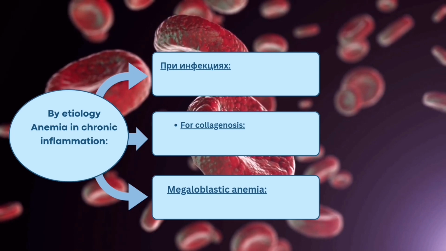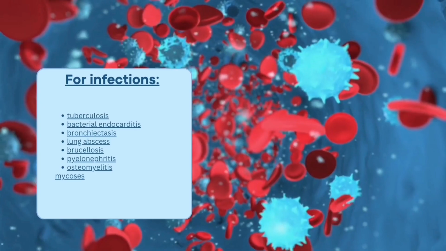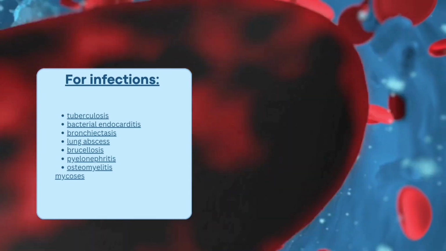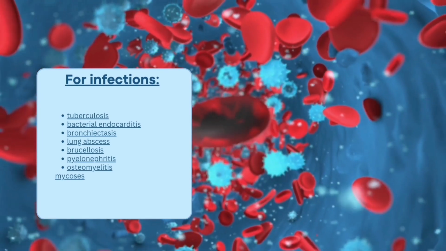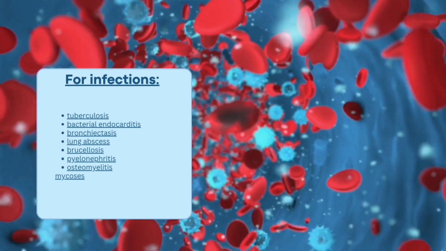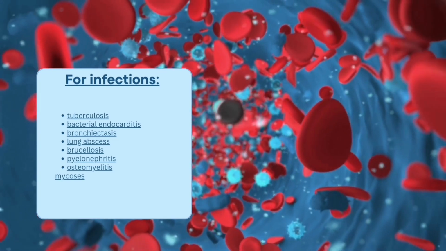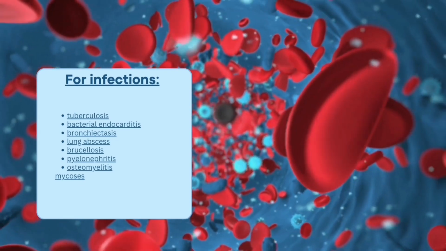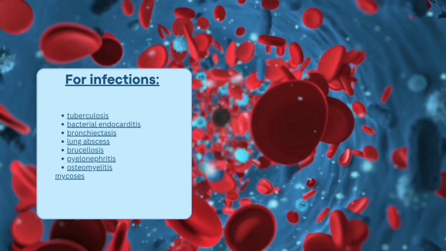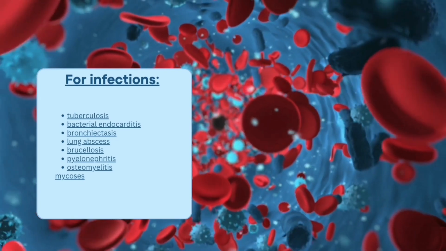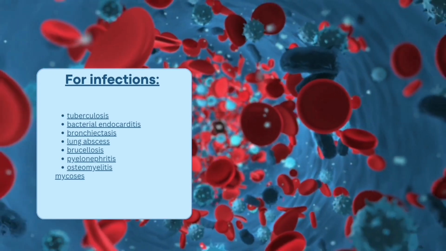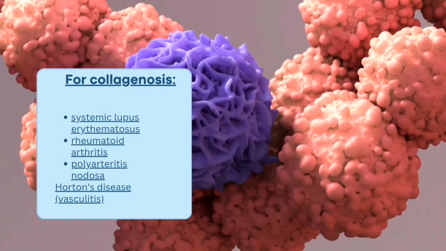Okay, next we need to speak about infections. This means tuberculosis, bacterial endocarditis, bronchiectasis, lung abscess, brucellosis, pyelonephritis, osteomyelitis, and mycosis. First the patient has a chronic infectious disease, and after, as a complication, the patient develops anemia.